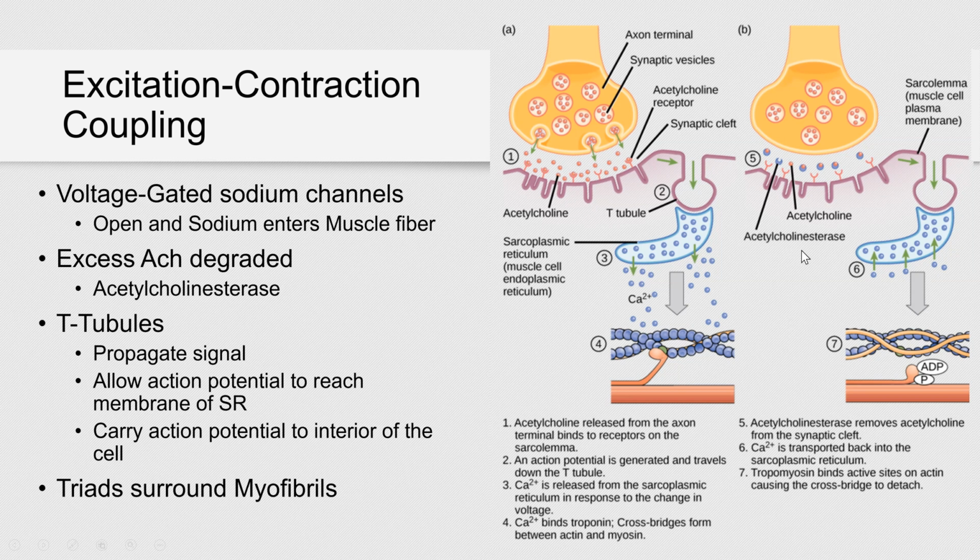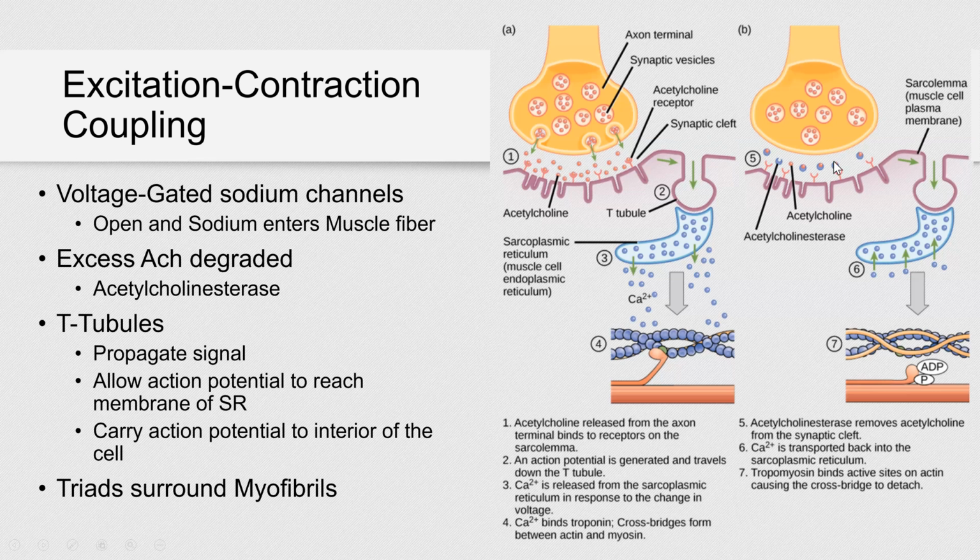The only thing this shows is that after acetylcholine is released, the extra amount of this chemical needs to be removed from the synaptic cleft, and we have a special enzyme, acetylcholinesterase, that will degrade the extra acetylcholine over here.